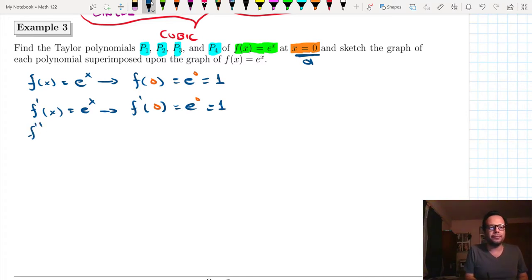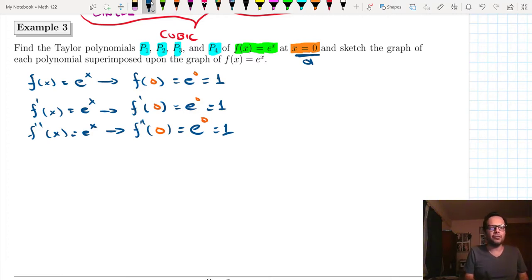Second derivative, e to the x, it's itself. Evaluate the second derivative at the point, in this case. Well, not tangency, you'll see what it's going to be called this time. So same thing. e to the 0 is 1.